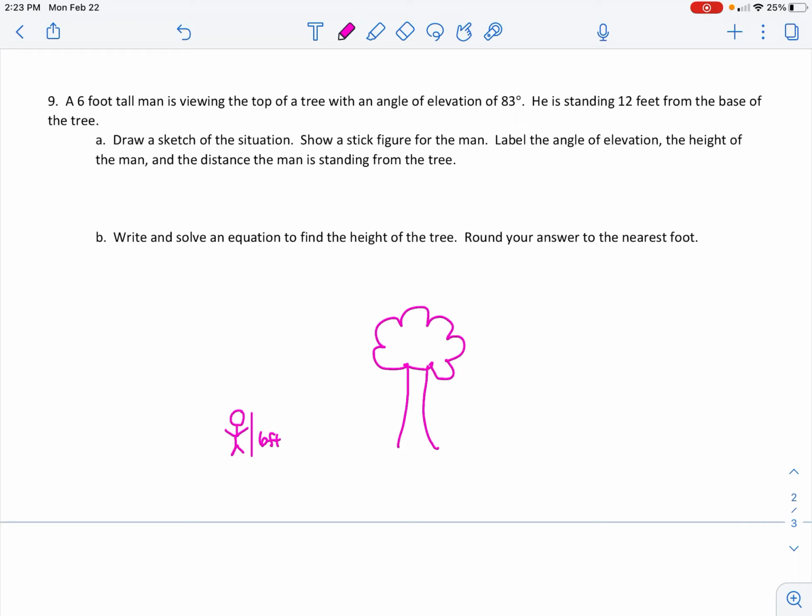And he is viewing the top of the tree, and the angle of elevation is 83 degrees.